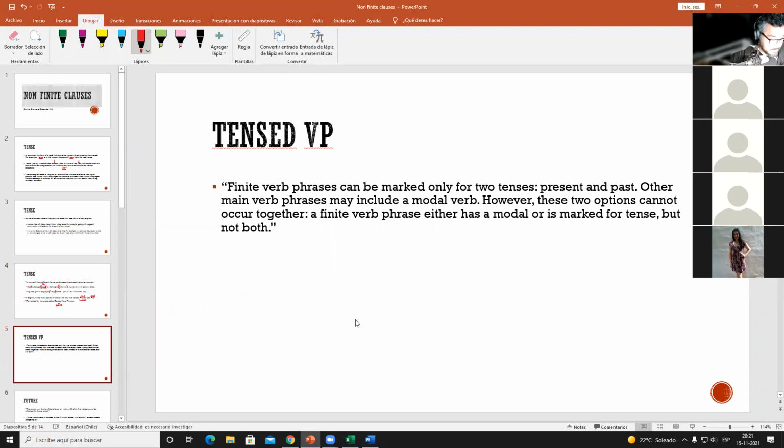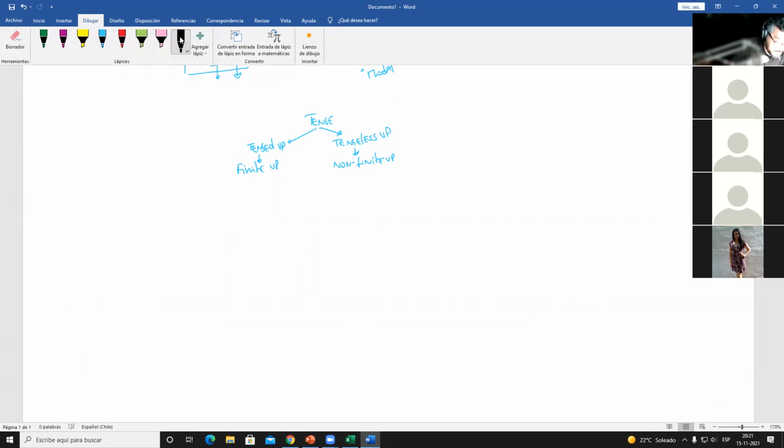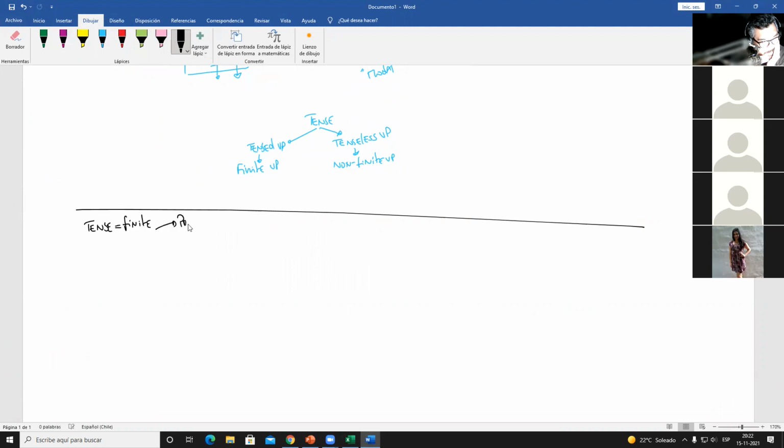Okay, let's talk a little bit about that. I'm going to state this difference. So we're saying a verb phrase, which is the same as finite, can be marked for present or can be marked for past. If I say present, the example would be quite easily, he plays.